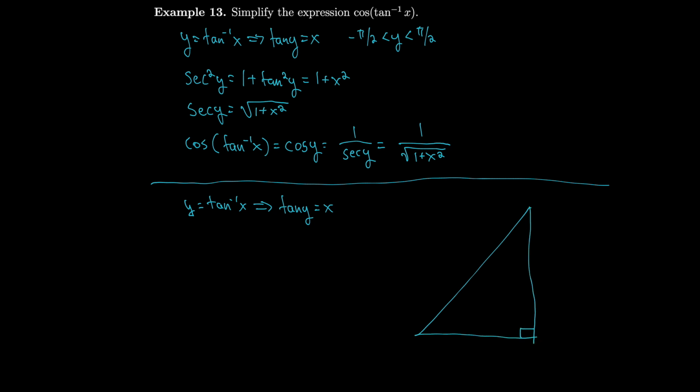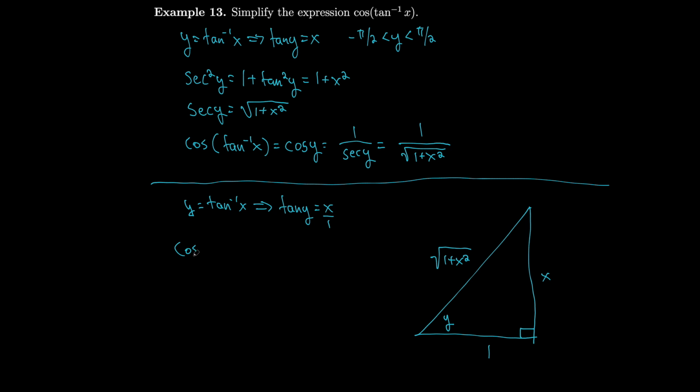Our angle is y. Tangent is opposite over adjacent, so that's x over 1. By the Pythagorean theorem, we've got x squared plus 1 squared is c squared. So the square root of 1 plus x squared must be c.